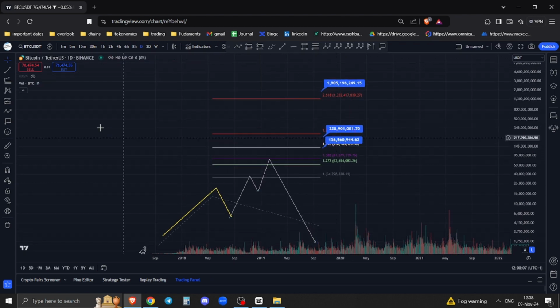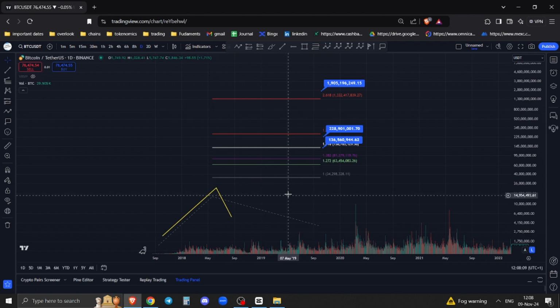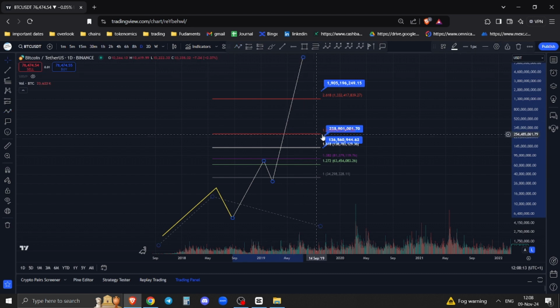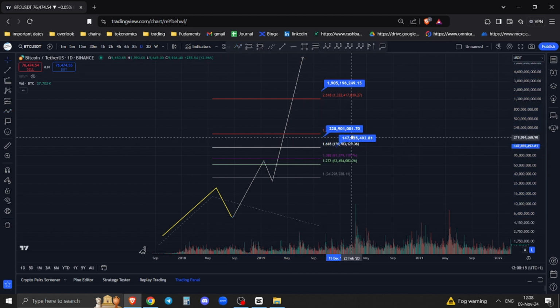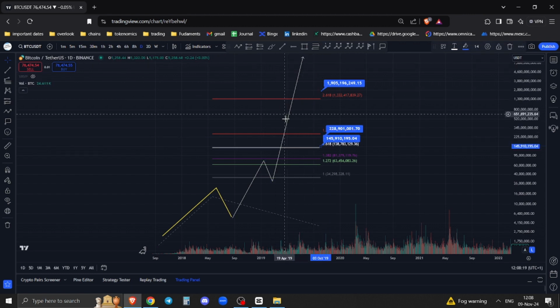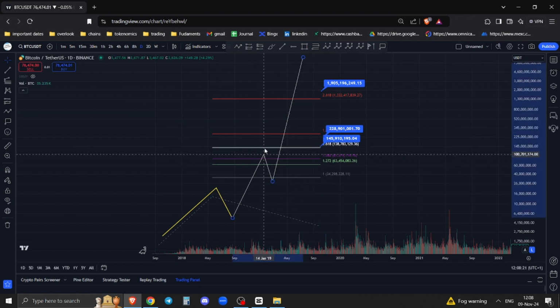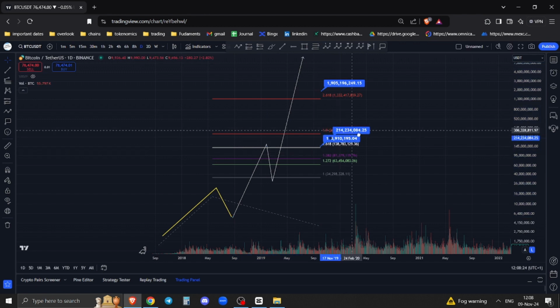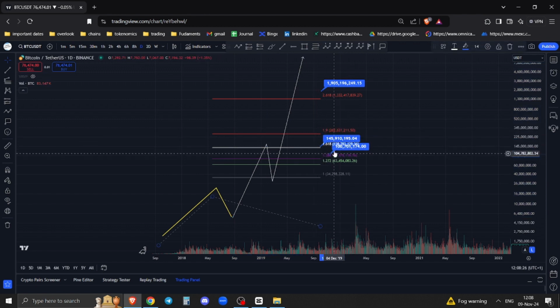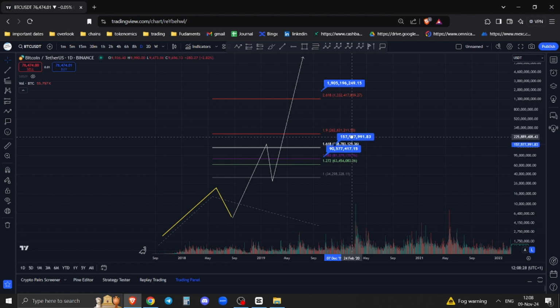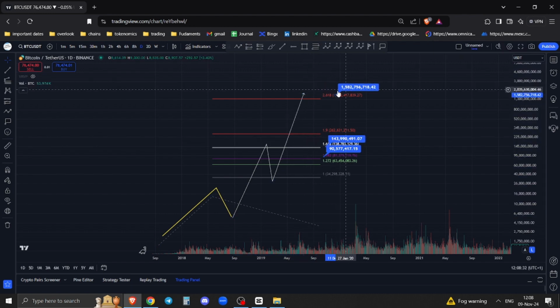If the price makes something like that, again you sold everything at 1.618 and you miss this entire move. So you can put one sell order at 1.382, a second sell order at 1.618, and a third in this case at 2.618.